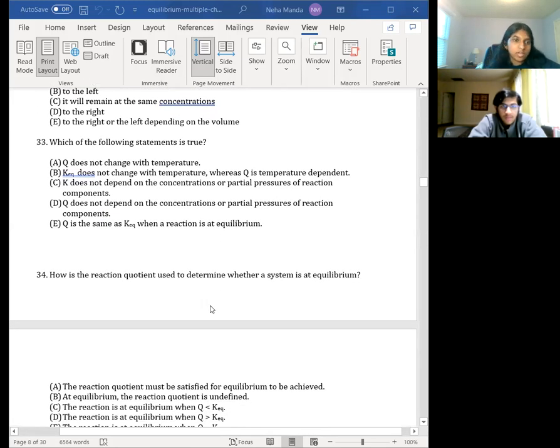Which is true. B is obviously wrong. We've discussed why. K does not depend on the concentrations or partial pressures of reaction components. I think that's true.